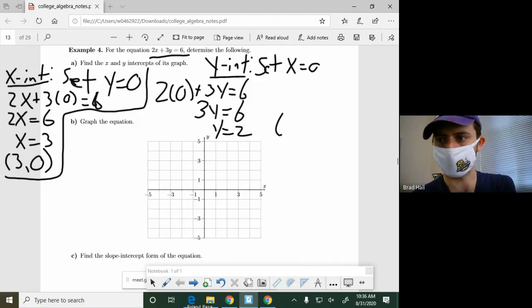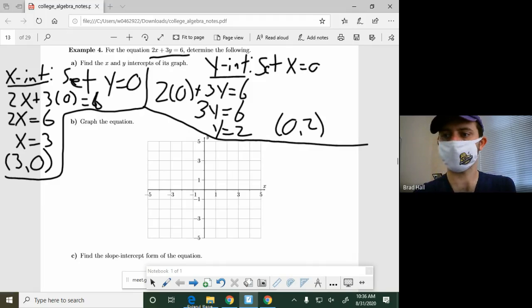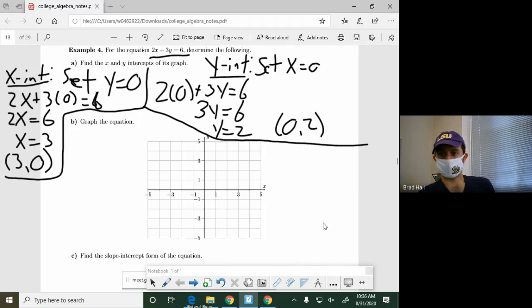The ordered pair would be (0, 2). The reason 0 goes first here is because the x always goes first, and we set x equal to 0. So that's how you find the x and the y-intercept. This process will come up again and again in this class, so I'm really trying to emphasize it here.